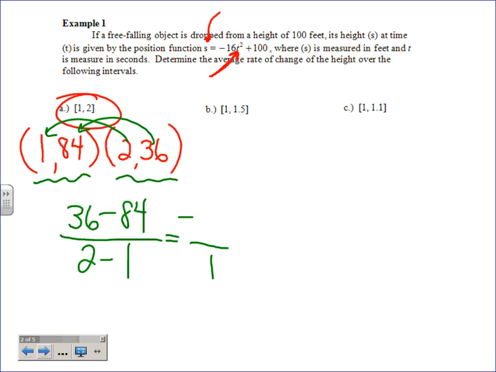I'll give you that. Negative 48. Negative 48 what? Why feet per second? Where? Yeah, isn't the bottom time and the top feet? So feet per second. Get it?